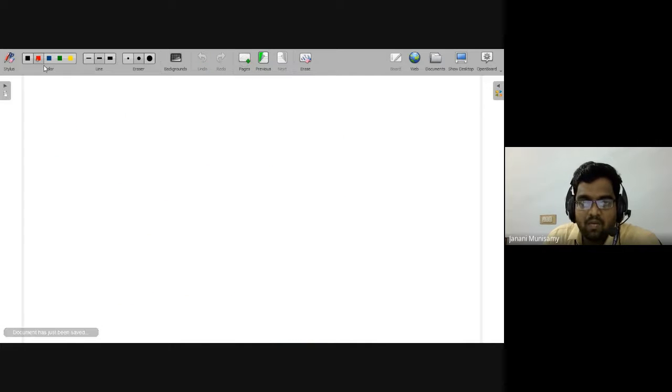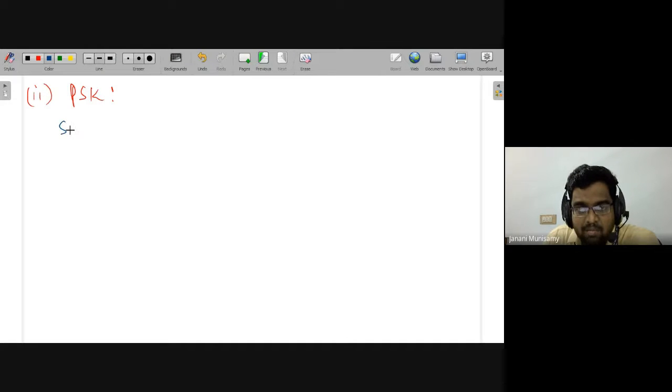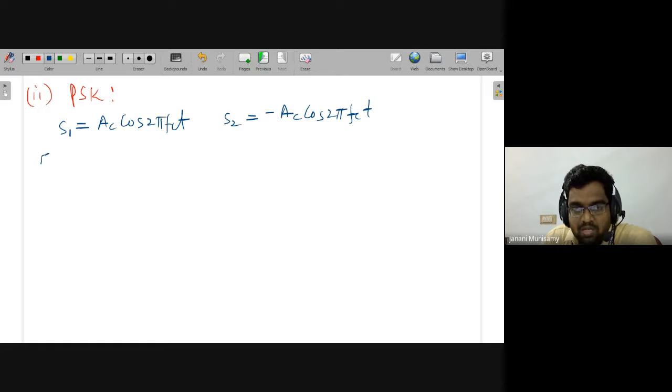Then we'll calculate for case 2. In case 2, we will have the PSK system, phase shift keying system. There, symbol 1 is AC cos 2 pi FCT, and symbol 2 is minus AC cos 2 pi FCT. Now, what is the ED? ED is the integration over TB of S1 minus S2, which gives 2 times the signal, 2 times AC cos 2 pi FCT square dt.